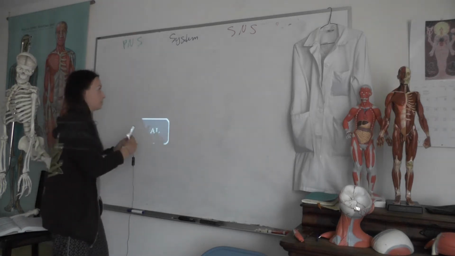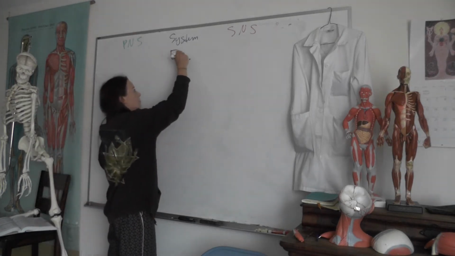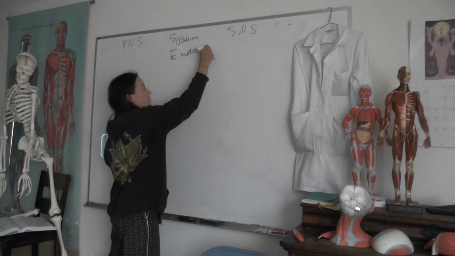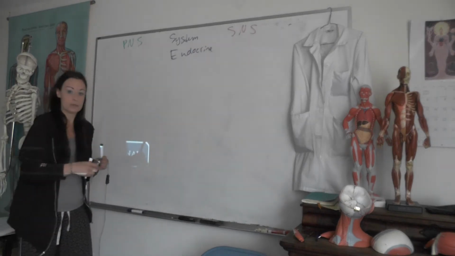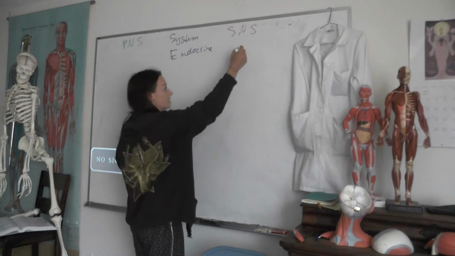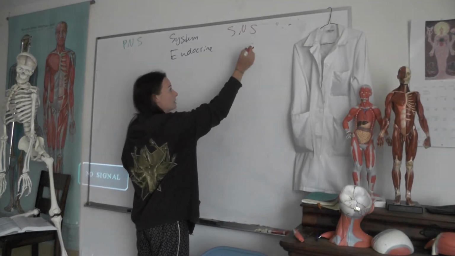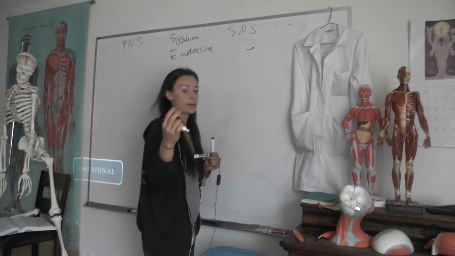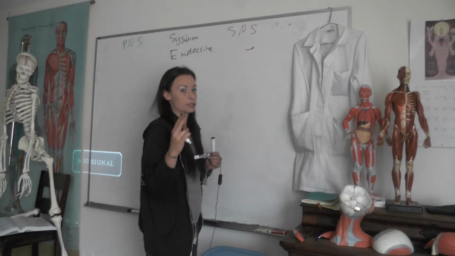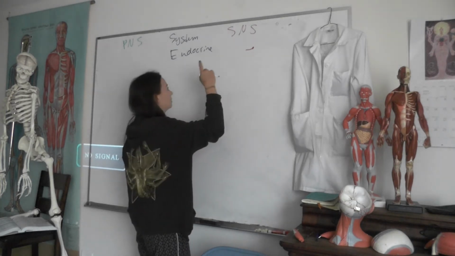So if the first system is the endocrine system, we said that the sympathetic nervous system had these extensions that led away, and this was the only example where we didn't have a two-motor neuron chain in our autonomic nervous system.